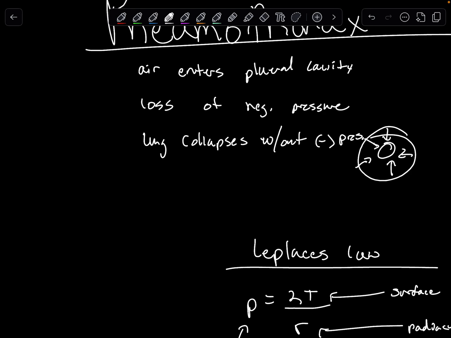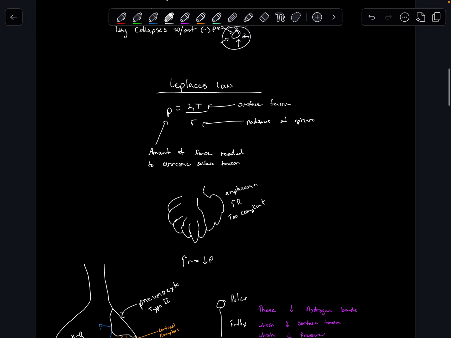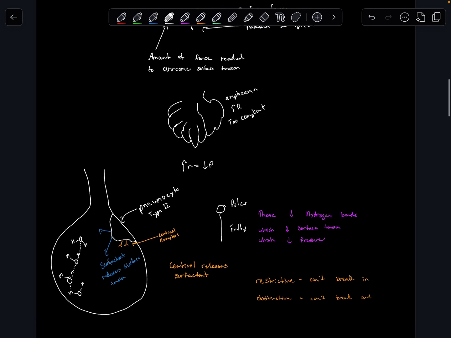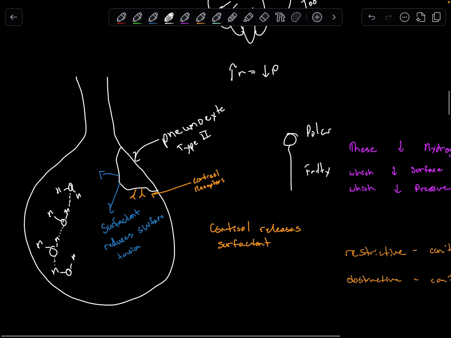Now we're going to talk about, we'll go back to Laplace's law, but this is kind of all intermingled. We're first going to talk about surfactant. So here's an alveoli, this guy here, this whole thing. In the alveoli, there's a cell called the type 2 alveolar cells, or pneumocyte type 2, and these cells release surfactant.